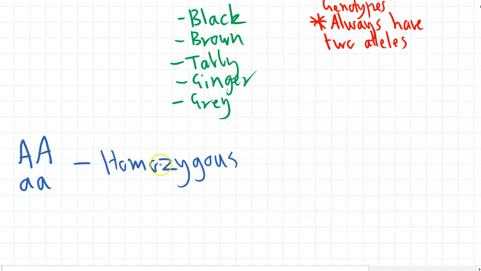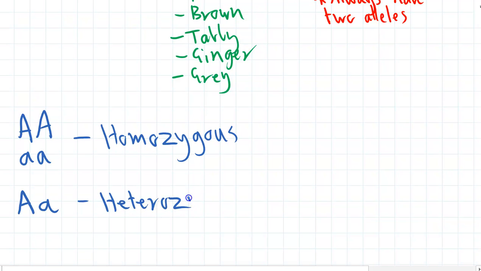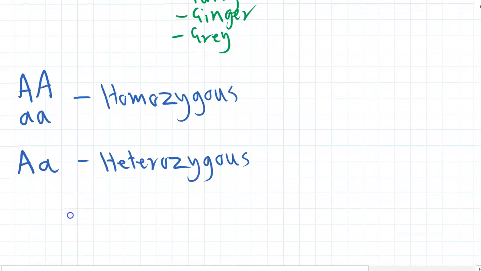So homo means same, so 2 alleles that are the same. If a cat, though, had a big A allele and a small a allele, it had 1 of each, then we'd call that cat heterozygous. So hetero means different or other, so it's got 2 different alleles for that particular gene. But as always in biology, it gets more confusing because there's 2 ways of actually describing this.